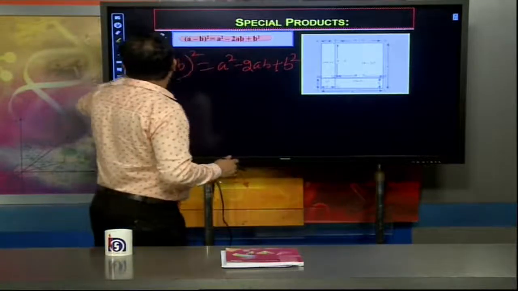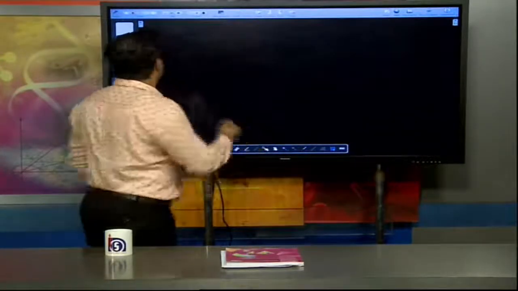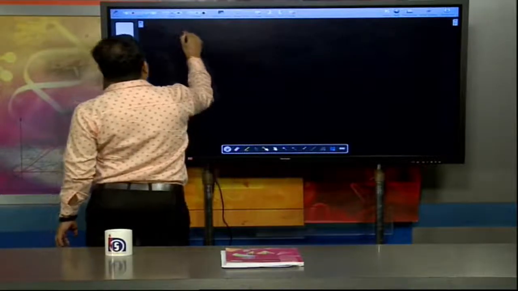Now dear learners, how do we prove this algebraically? It is very simple.